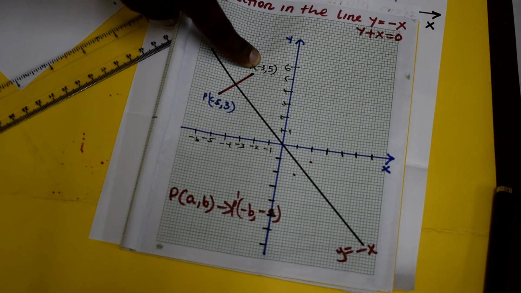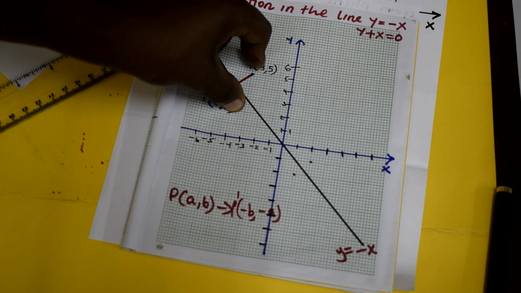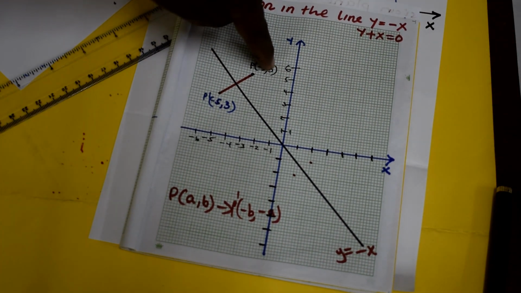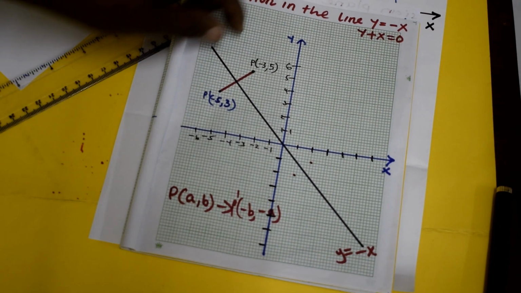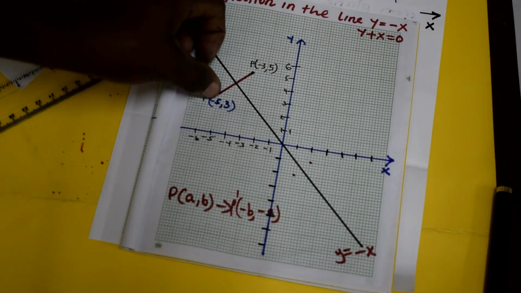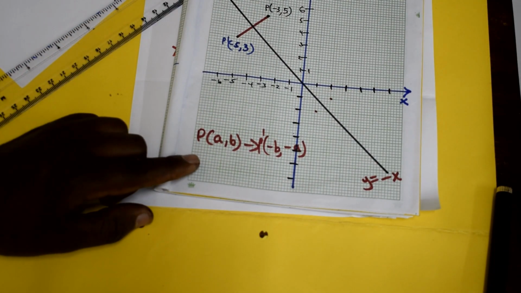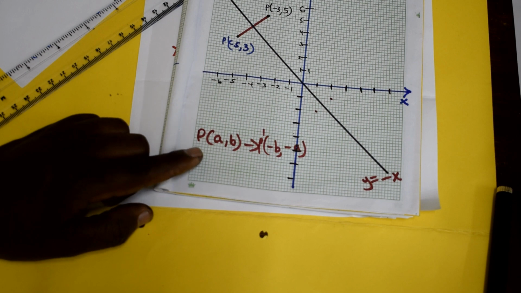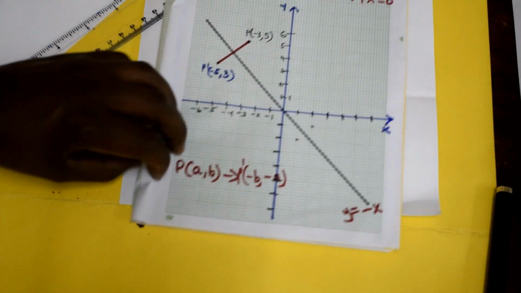The negative x becomes positive y, and the positive 5 becomes negative 5. The y becomes the x coordinate but negative. So when we reflect along the line y equals negative x, we have (A, B) becoming (negative B, negative A).